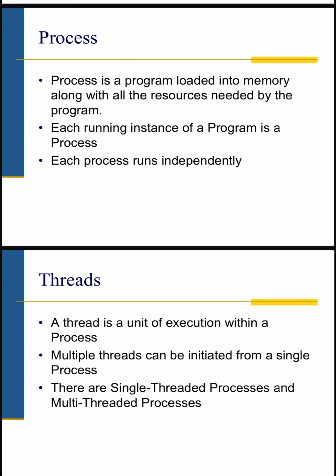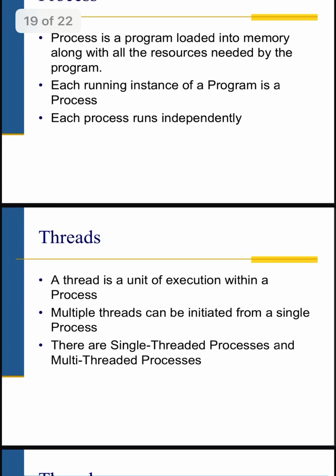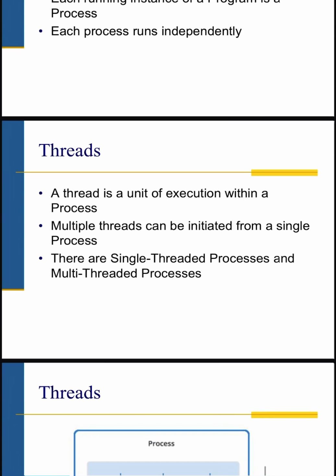So you move to threads. A thread is a unit of execution within a process, whereby the process is a program loaded into memory. Multiple threads can be initiated from a single process. And there are single-threaded processes and multi-threaded processes.